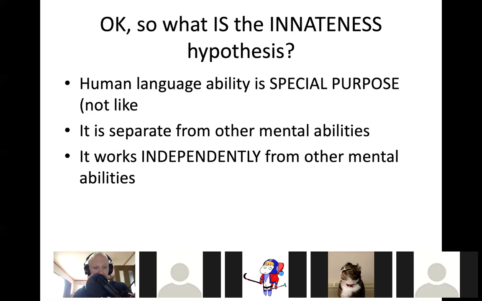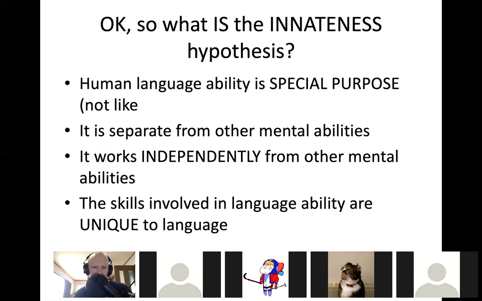They're separate from ordinary thinking, and they're independent. They work totally separately from other mental abilities. So the skills involved in language ability are unique to language. Sorry about this mistake here. I forgot to write it in.